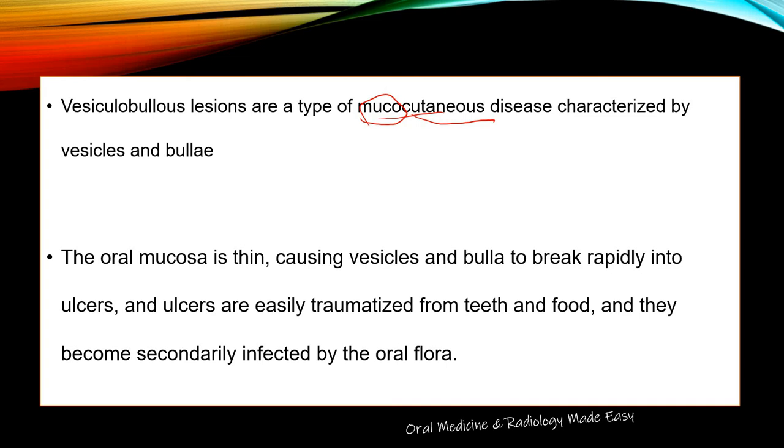But what happens in the oral mucosa is that since the oral mucosa is thin, these vesicles and bullae break rapidly into ulcers, and these ulcers get easily traumatized from teeth and food, and they become secondarily infected by the microorganisms present in the oral cavity.